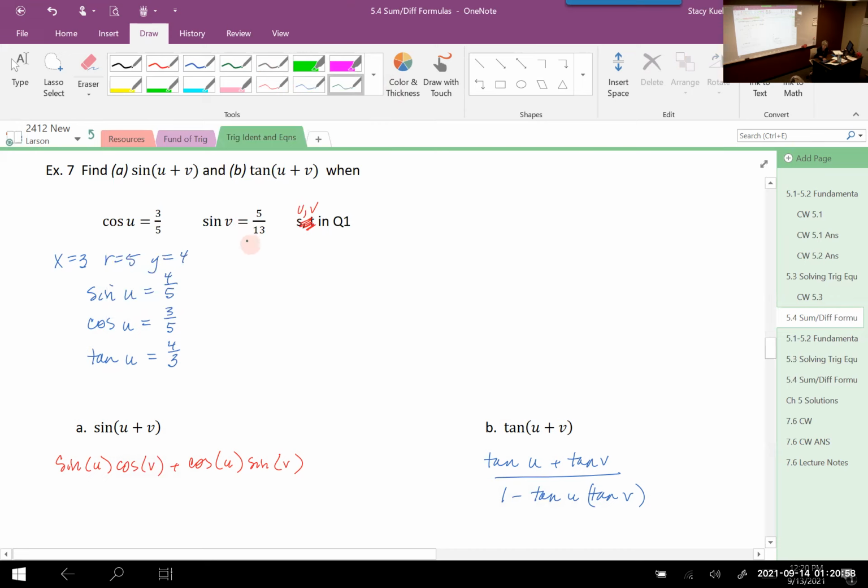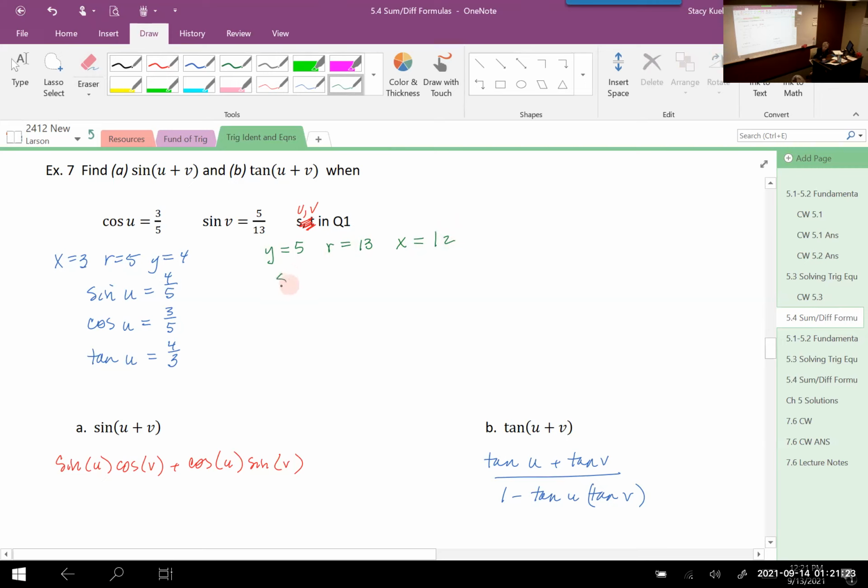Let's do the same thing for angle v. By definition, I know y is equal to 5, r is equal to 13. What does x have to be? 12. This is another special triangle. Y'all need to know those special triangles. It's all in quadrant 1, so everything is going to be positive, isn't it?